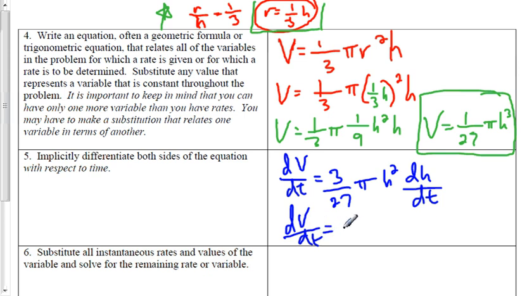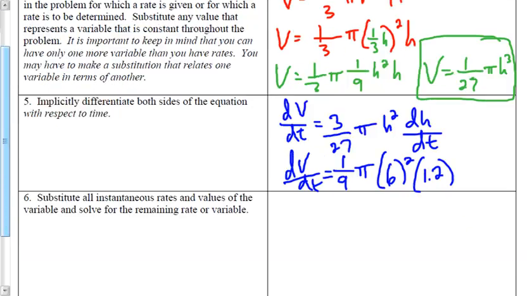I don't know the rate at which the volume is changing. That's 1/9. That's pi, and I'm going to leave that there. The height is 6, so we get 6 squared. And then the rate at which the height was changing, we said was 1.2.